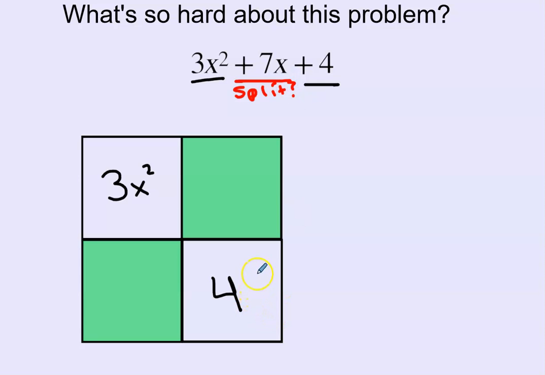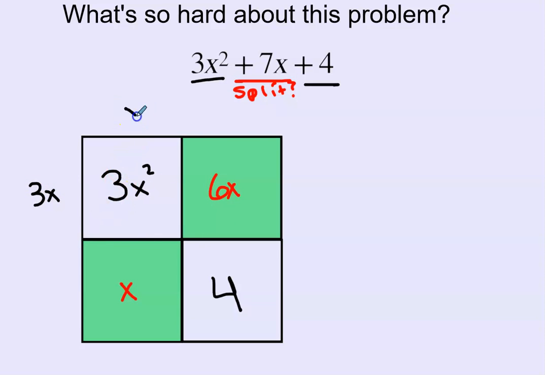But how do we split it up? Well, there's only one way that's going to work. So you could split it up into, let's just try 6x and x. If I try that, watch what's going to happen. I get 3x squared and 6x, so this is going to be 3x, that's the GCF.